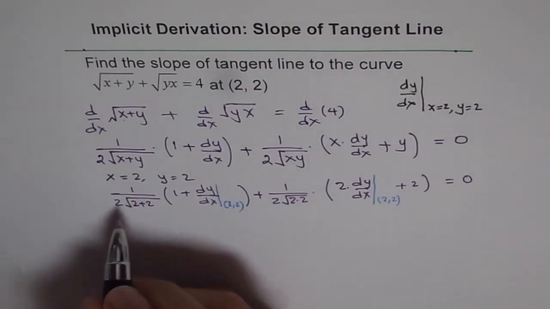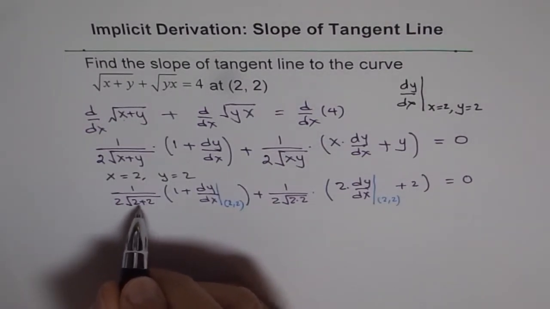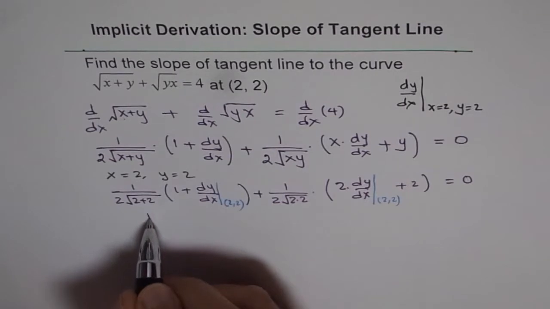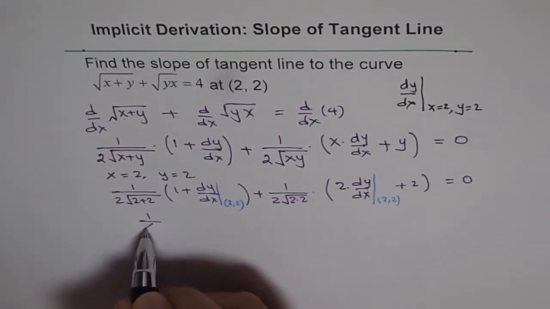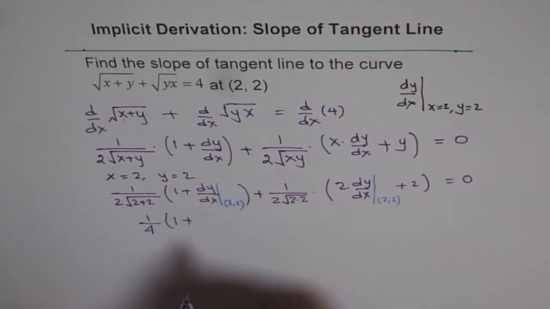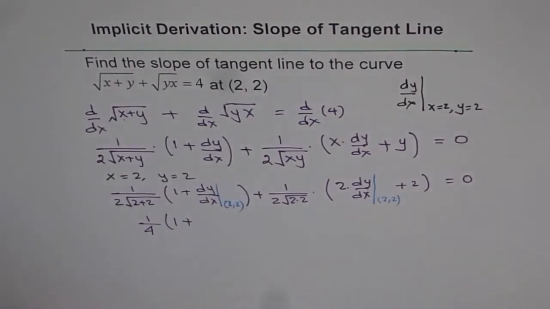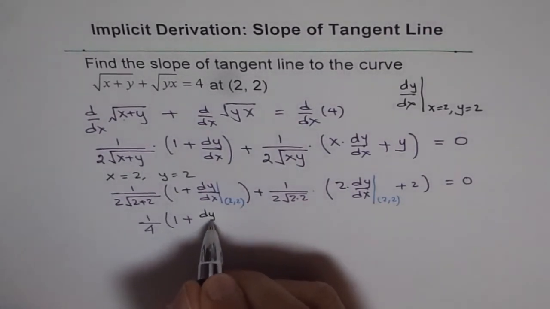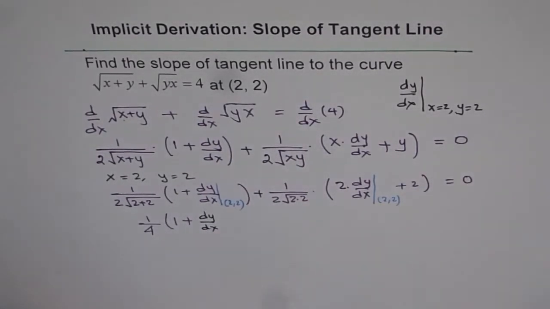So this one is equal to 1 over 2 square root of 4, so it is 1 over 4, right? So you get 1 over 4 times 1 plus our special dy/dx. Let me write this dy/dx in a different ink so that you know it is special.